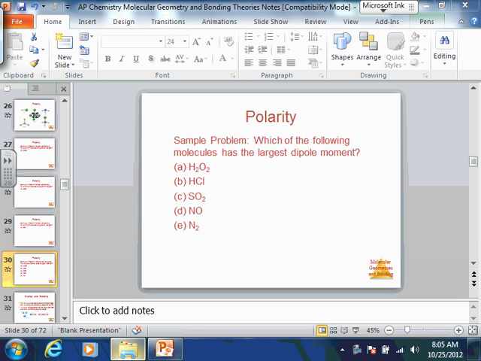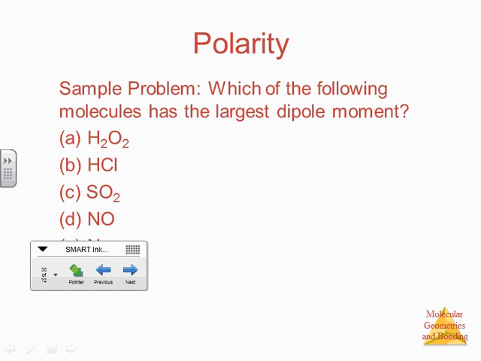Okay, sorry about that. My gut was telling me it was the HCl on that one, but I wanted to be able to explain why the H2O2 is not. So we talked about the fact that this is bent, so really we're going to write this like this. Okay, that's how that one's going to look. And so if the oxygen's pulling the electrons, well, okay, sorry, that's not happening.